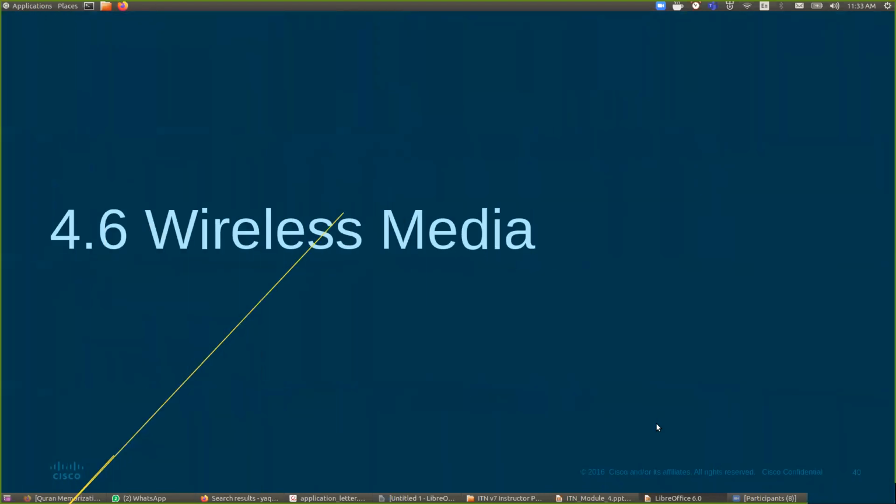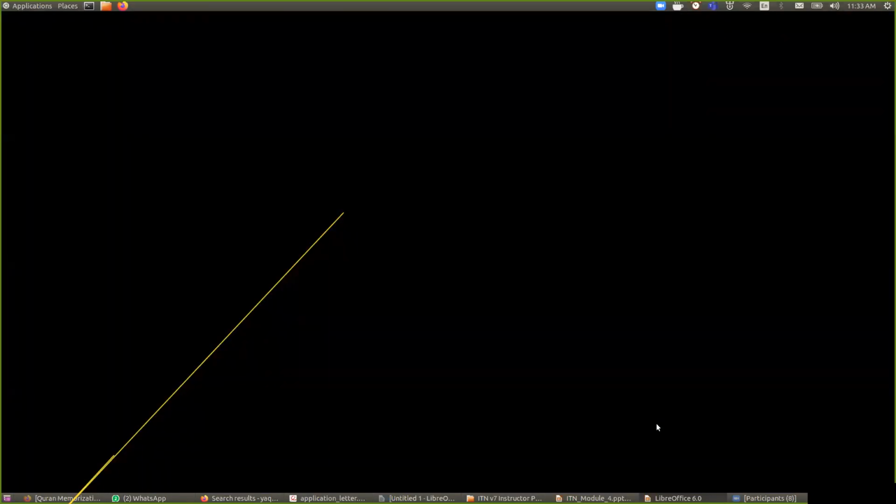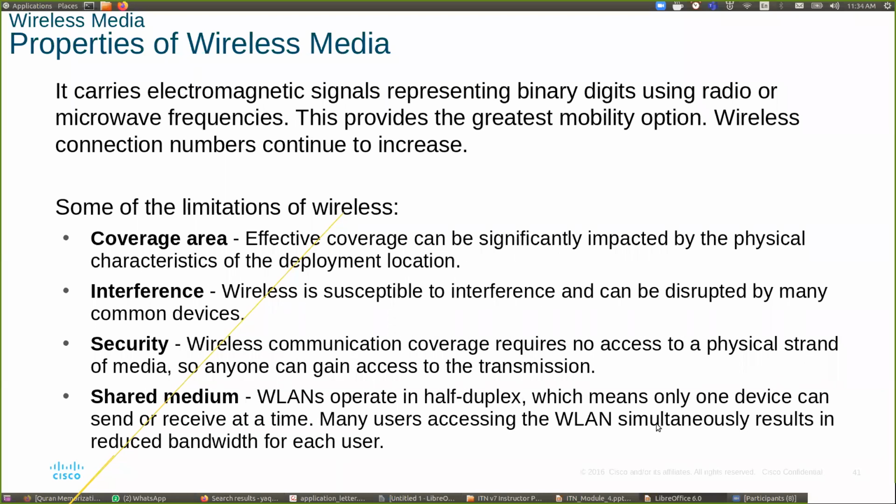Now, wireless media. We have different types of wireless media. The properties of wireless media are the coverage area, the interference, the security, and the shared medium. Coverage is the area that the wireless signal can effectively take care of.